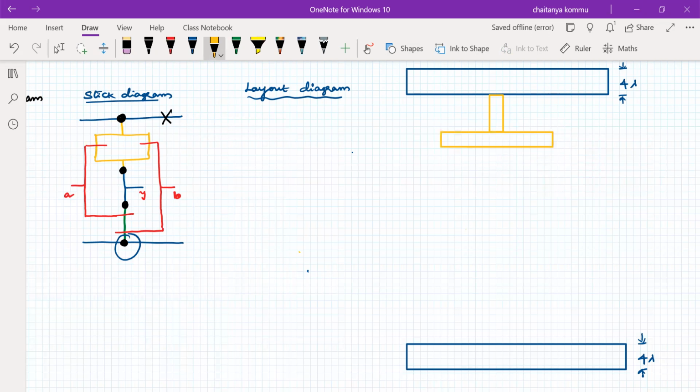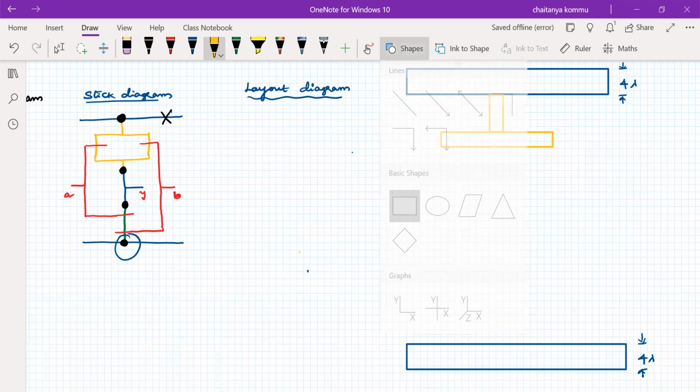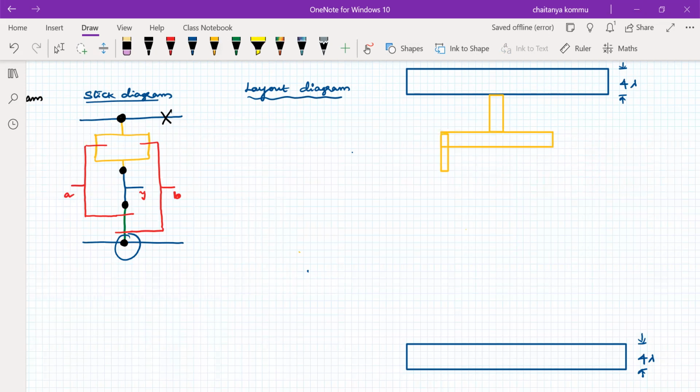Next I need to draw another line. Copy, and I want to paste it here as well.